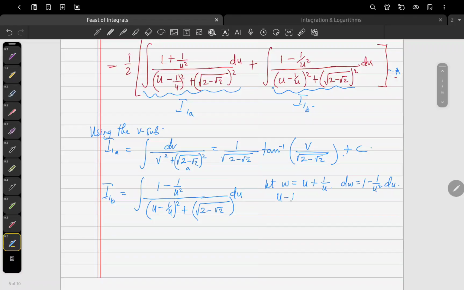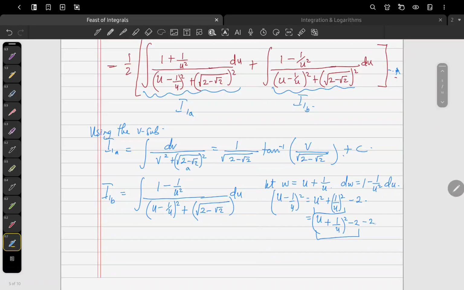So u minus 1 over u squared is u plus 1 over u all squared, then minus 2. Then this is the same thing as u plus 1 over u squared minus 2.